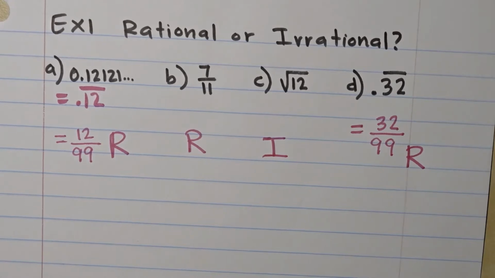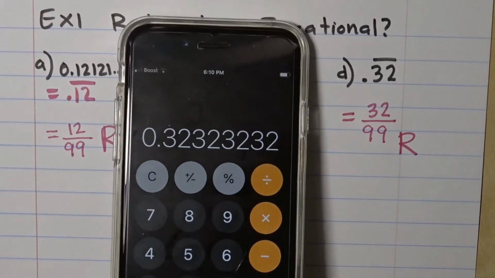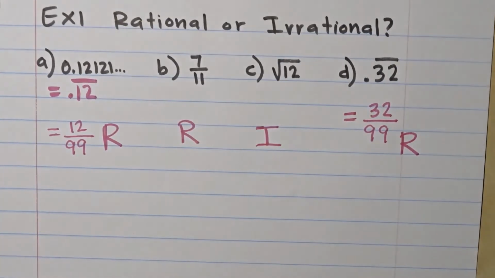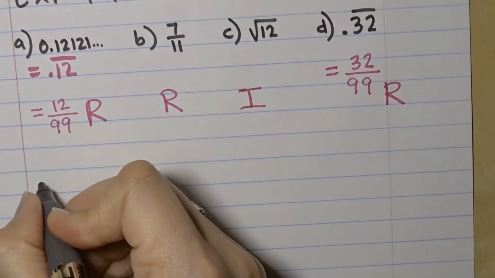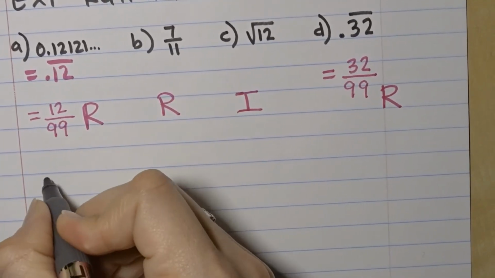All right. So let's get into predicting what these values are. Notice I was using my calculator to get those square roots, but I'm going to show you how you can do this without a calculator. So first we need to recall our perfect squares.